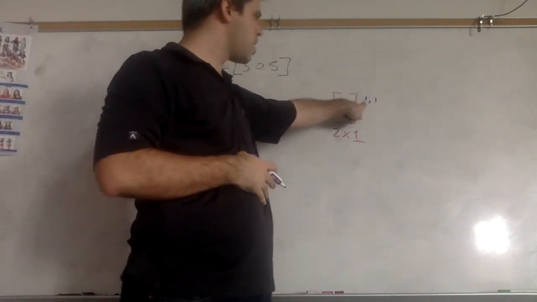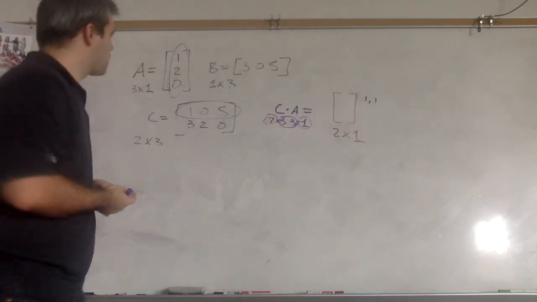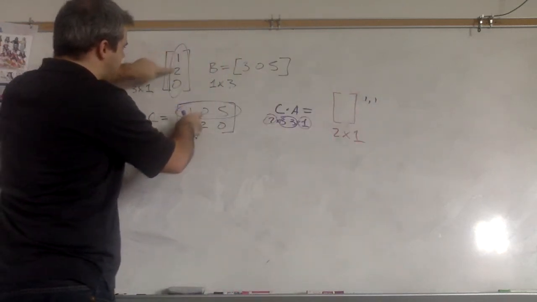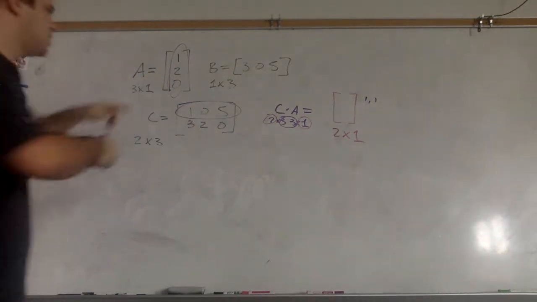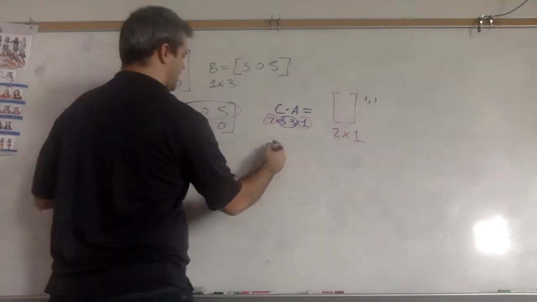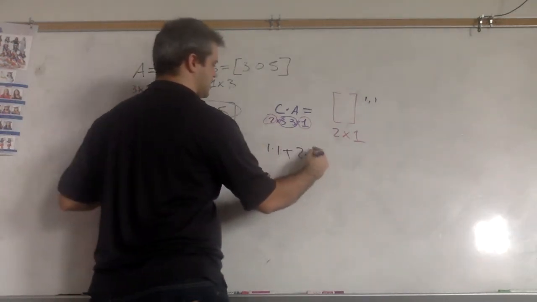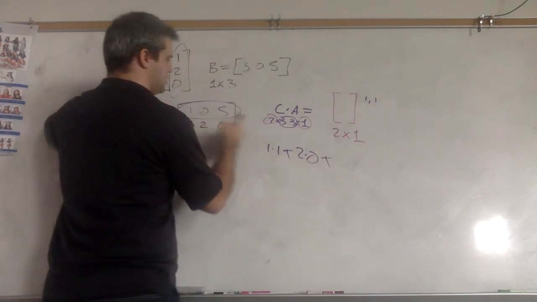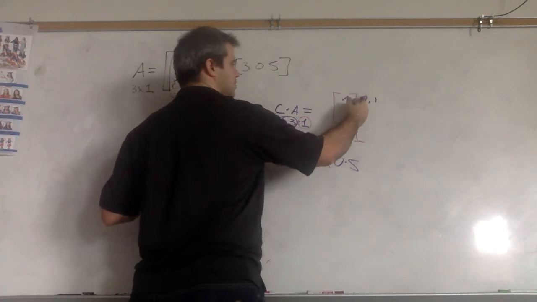So I'm going to look at this row in my first matrix and this column in my second. And what I'm going to do is multiply, multiply, multiply, and add all of those together. So in this case, 1 times 1 plus 2 times 0 plus 0 times 5. Add those together, I get 1.